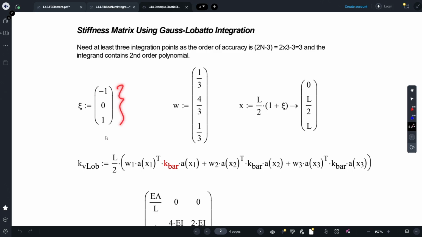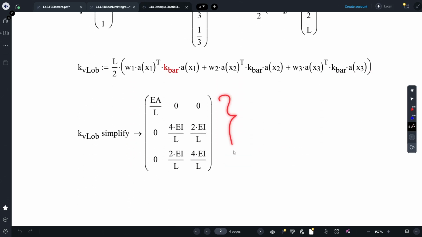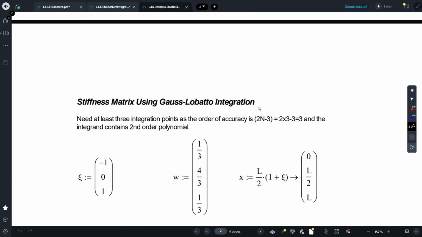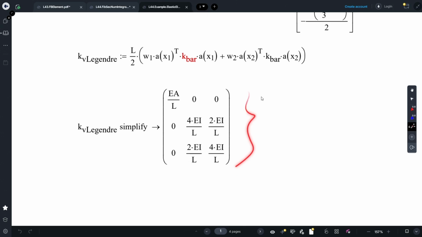So, these are my integration points, two ends and one at the center. These are the weights. Okay. So, calculate x and then you do the summation. What you get? You get exactly the same element stiffness matrix in the basic or deformation coordinates. This is for the displacement based element, which I already showed you earlier for the Legendre. Okay.